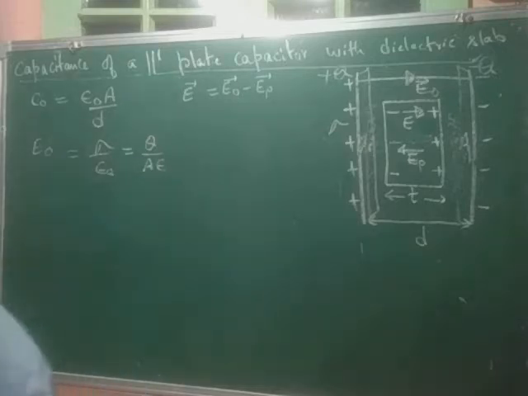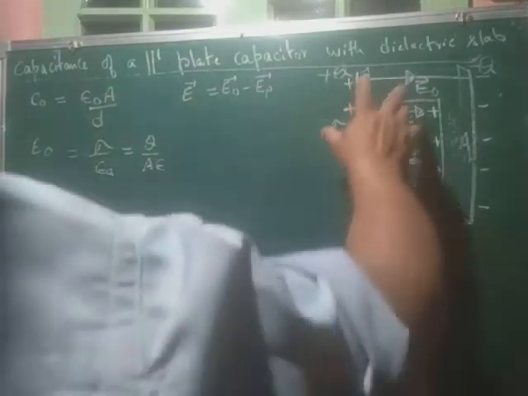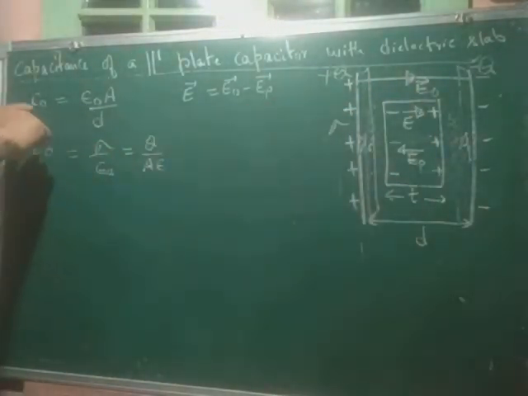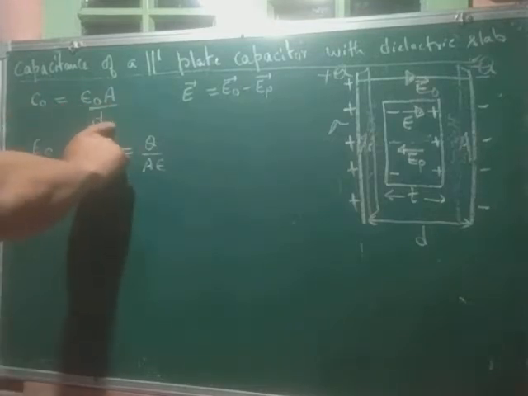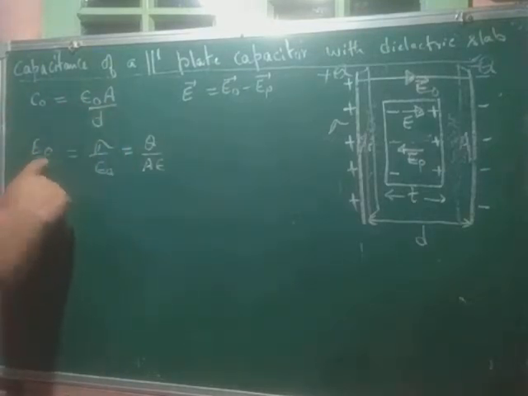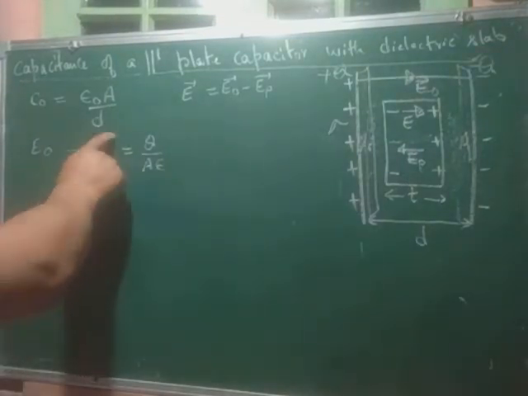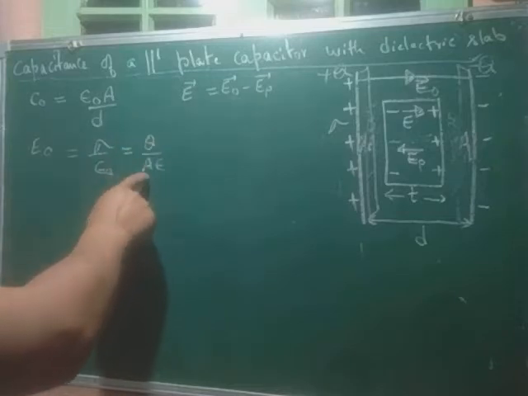We have also seen that the capacitance of an air capacitor, that means when there is no dielectric, is C naught equals epsilon naught A upon d. Also, the electric field between the plates of an air capacitor, E naught, equals sigma upon epsilon naught, where sigma is the charge per unit area.